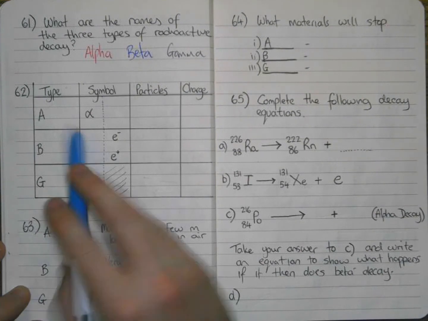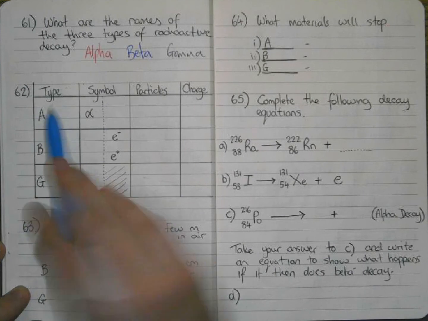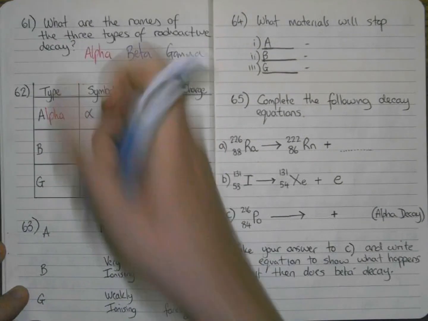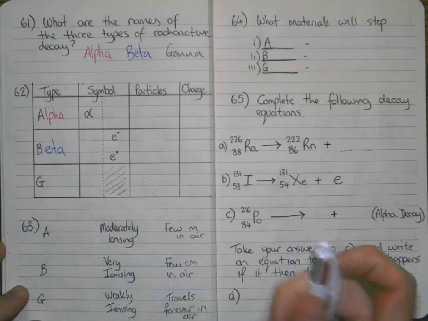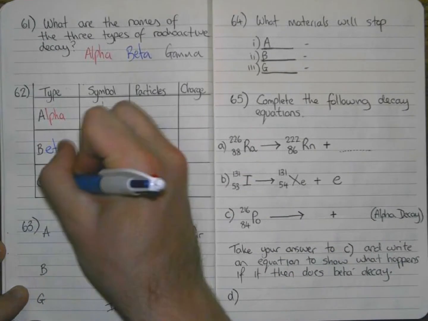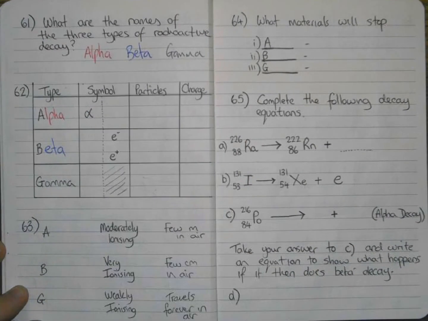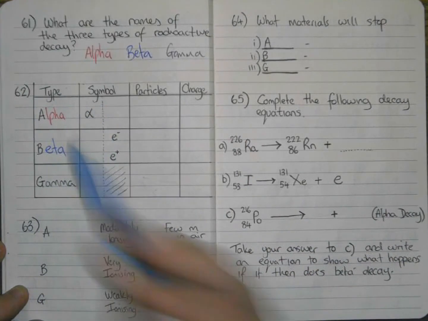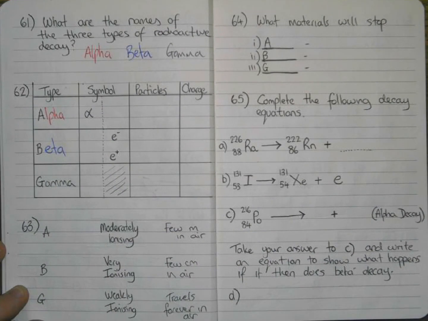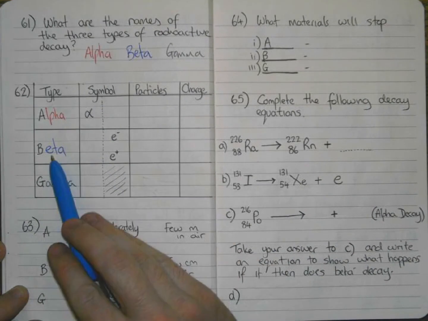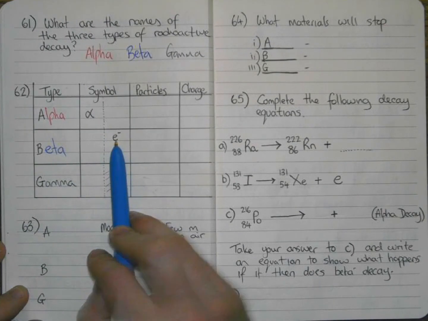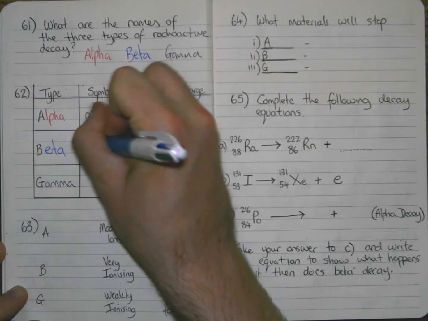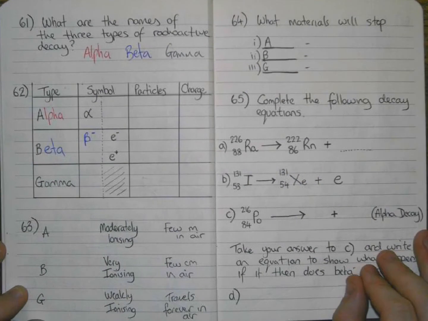Okay, so first one is alpha, the second one is beta, and the third one is gamma. The symbol for alpha is done for you. The symbol for beta, well, there are 2 types of beta decay. One produces a negative electron, and we call that beta minus.